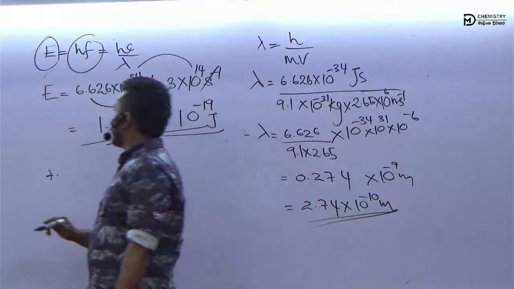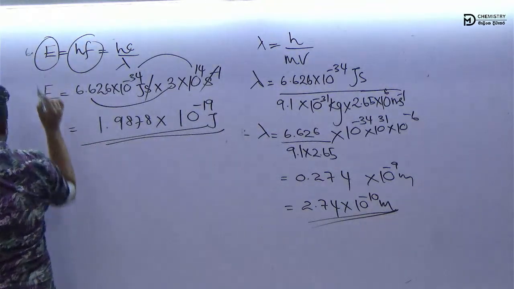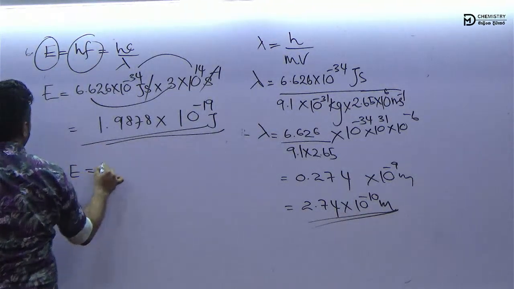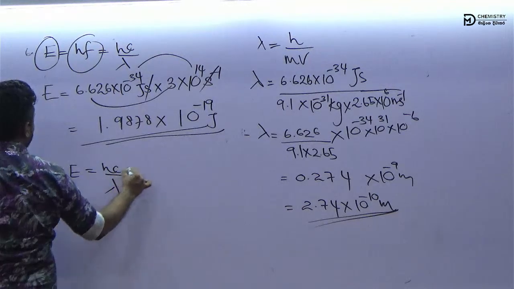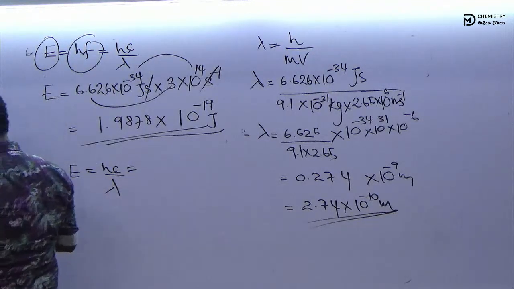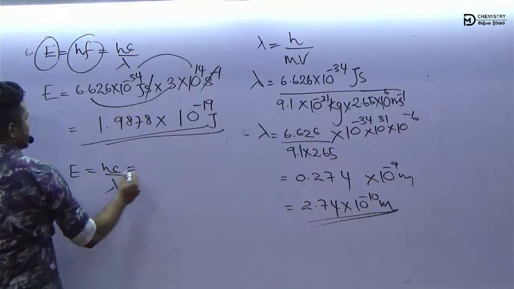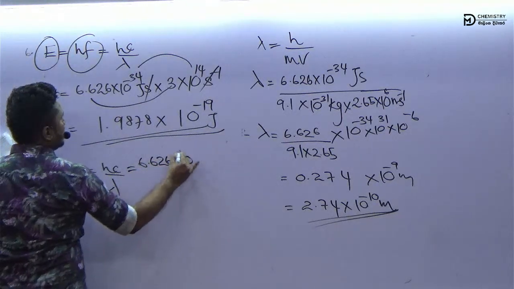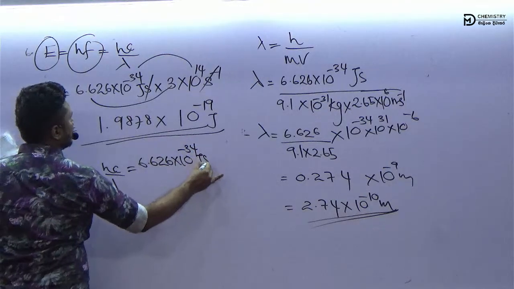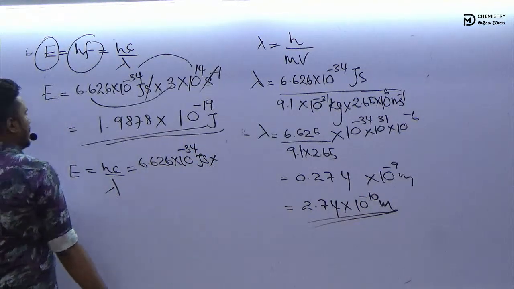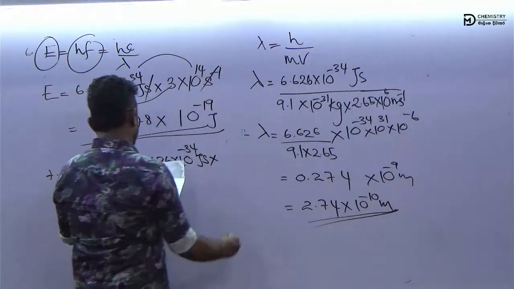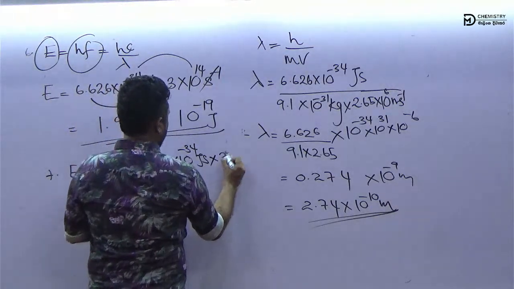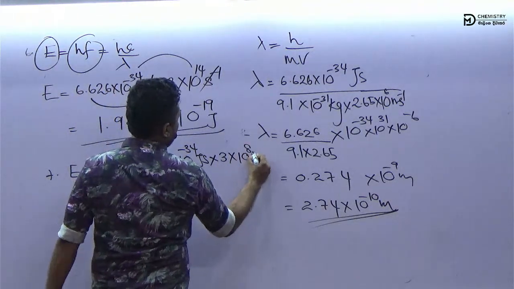Guys, when we come to this one, E equals hc over lambda. The Planck constant h is 6.626 into 10 to the power minus 34 joule second. The speed of light is 3 into 10 to the power 8 meter per second.